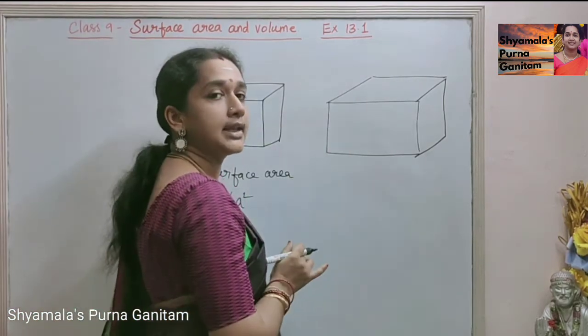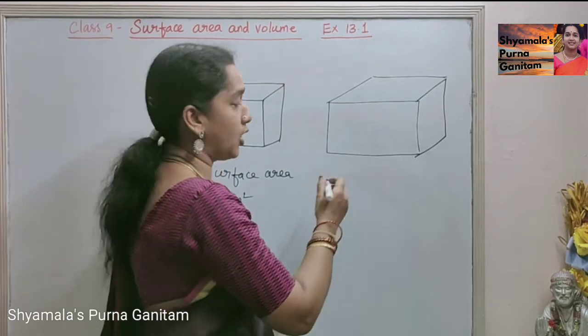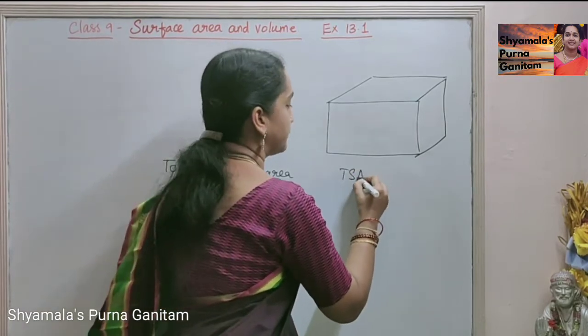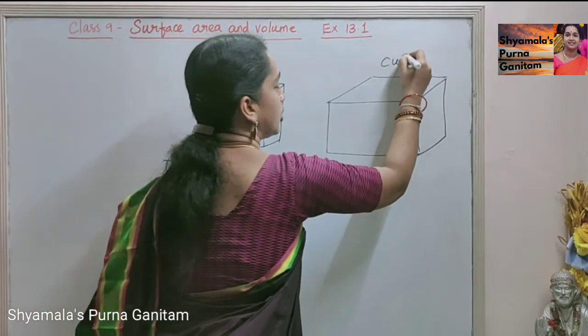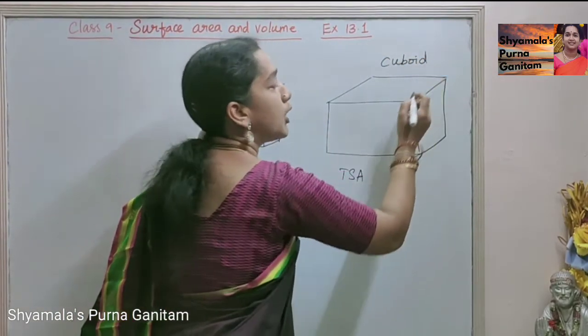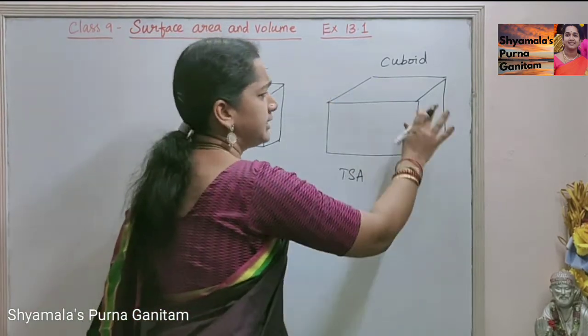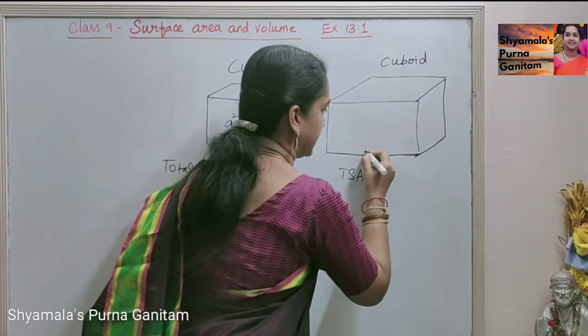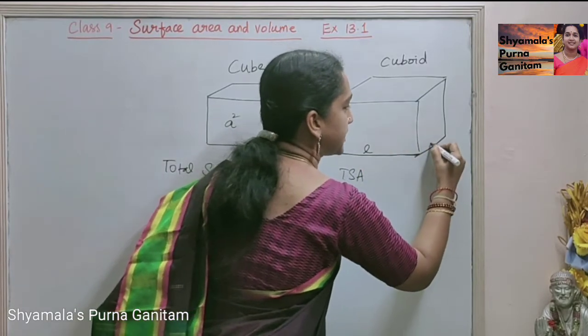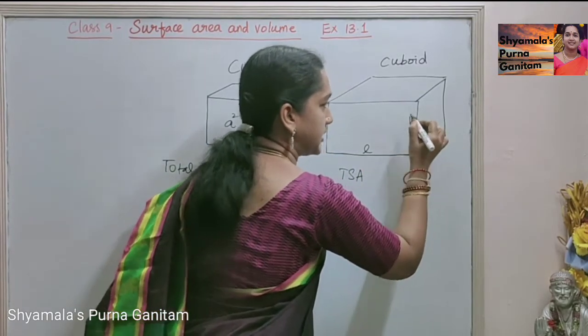Then the total surface area of a cuboid. So this is a cube and this one is a cuboid. This is a 3D shape. This is called the length, this one is the breadth and this is the height.